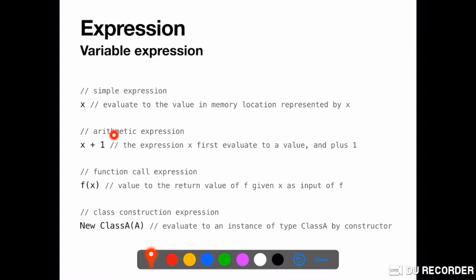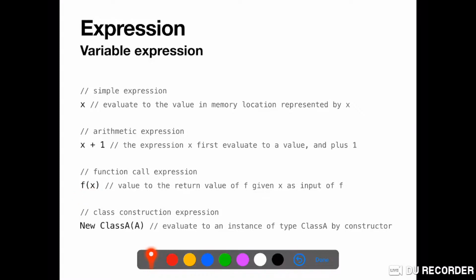And we also have arithmetic expressions. Here you see we can have multiple smaller units who can compose a more complicated expression. So the value of this expression would be x, because x is an expression, so x can evaluate to a value, and then the value plus 1 would be the value of this expression. And then we have some more expressions like function calls.